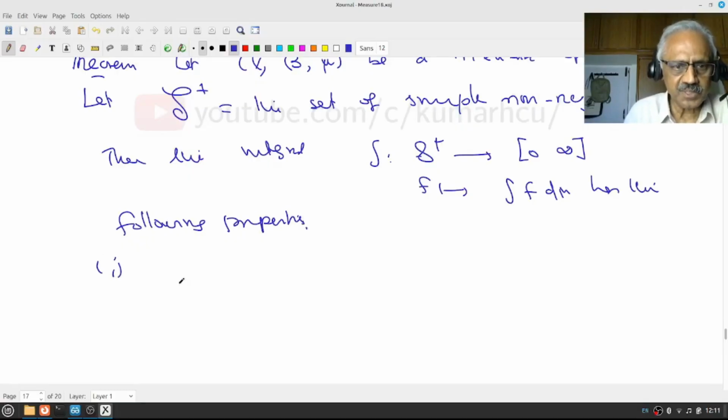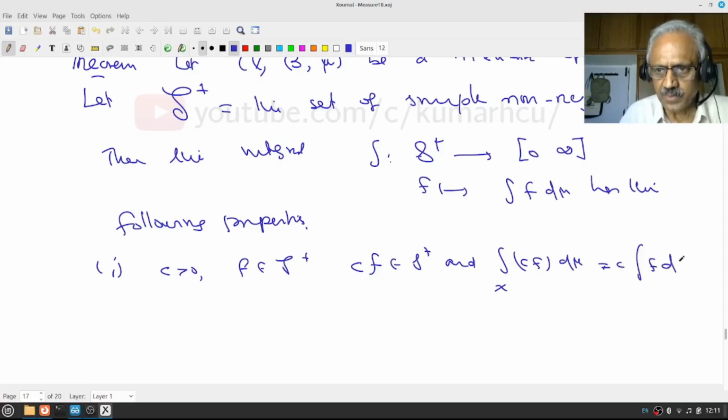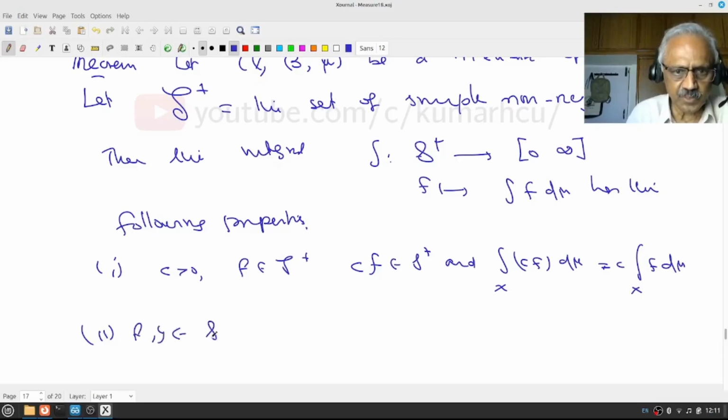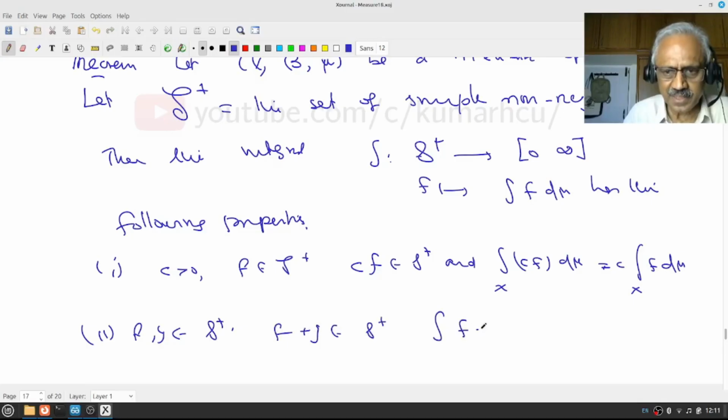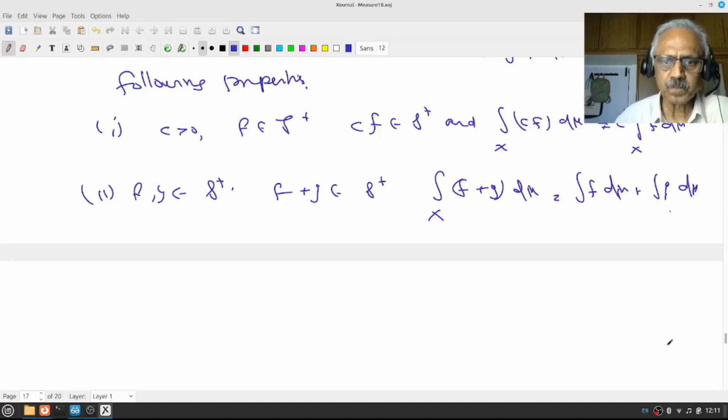The first one is the easy one. If C is positive and F is in S plus, then C F belongs to S plus. This is very easy. And the integral of C F d mu over X is C times the integral of F d mu over X. Second, if F and G are in S plus, then F plus G is also in S plus, and the integral is additive: the integral of F plus G d mu over X is the integral of F d mu plus the integral of G d mu.